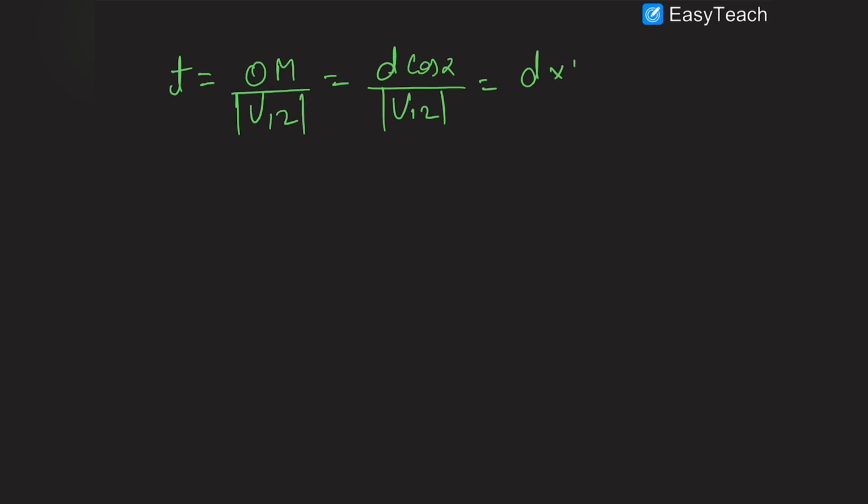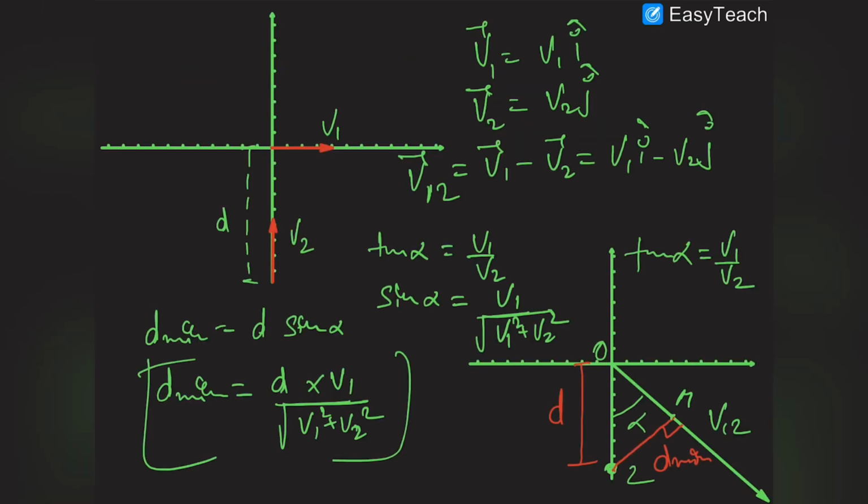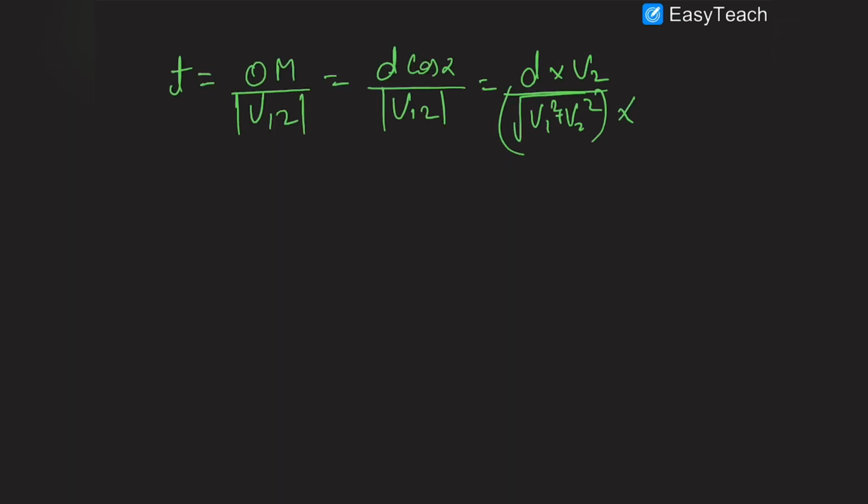So d into v2 upon under root of v1 square plus v2 square, multiplied by V12. So V12 magnitude is again under root v1 square plus v2 square. So time would be equal to d v2 upon v1 square plus v2 square.